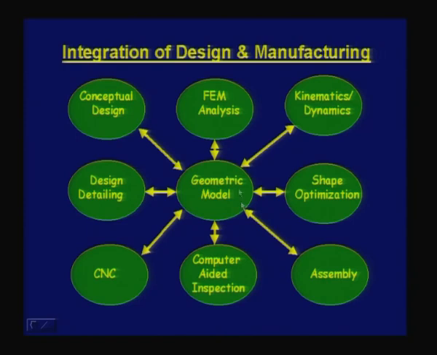Now, these activities which we call computer aided design and computer aided manufacturing can be related using the concept of geometric modeling. So, this is called a geometric modeling based integration of design and manufacturing. What really happens in a typical product design and manufacturing process is somebody may start with a design, go for analysis tools, may come up with optimization and finally arrive at a design detailing.